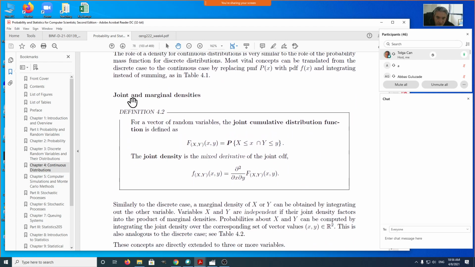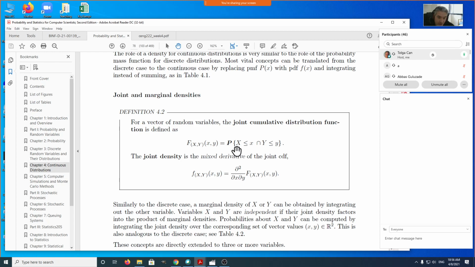Similarly, when we talk about joint and marginal densities, the joint cumulative distribution function means the probability that the random variable X is less than or equal to small x and the random variable Y is less than or equal to small y. This is what the joint probability means.